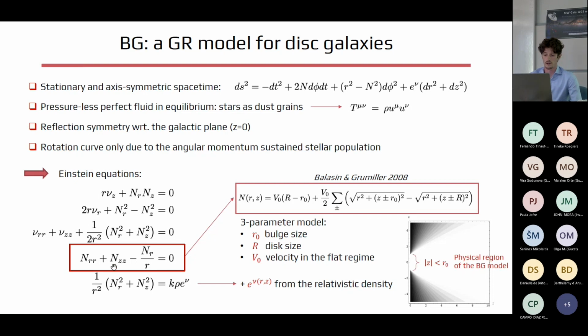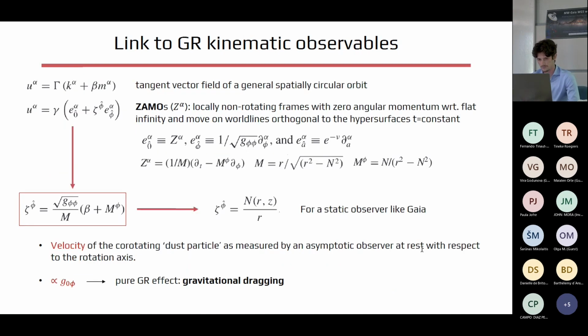Moreover, from this other equation, we have a further metric function nu that can be constrained only through the relativistic density. However, this model is no longer valid near the rotation axis and for z greater than r0, because here the velocity exceeds the speed of light.